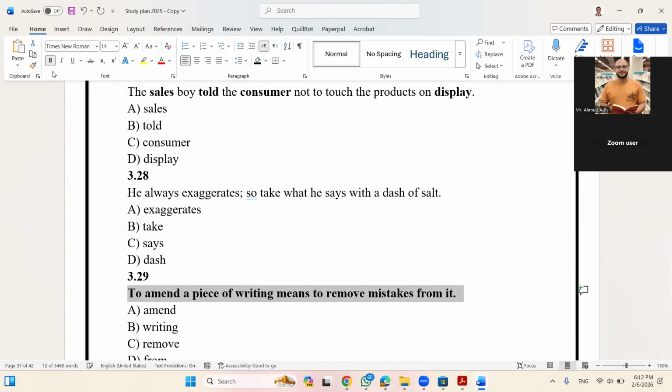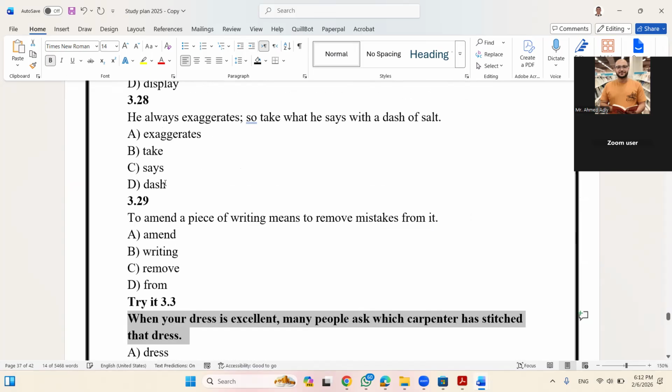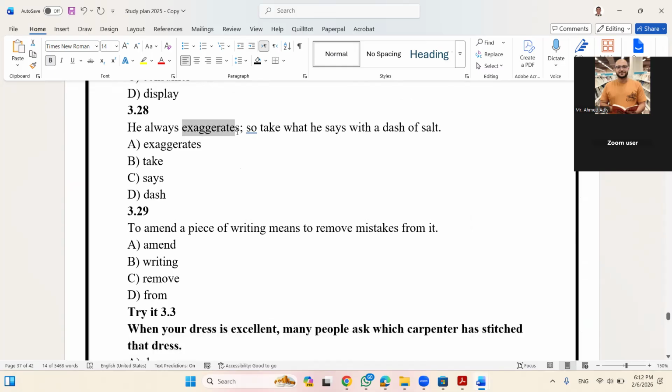Next, he always exaggerates, so take what he says with a dash of salt. Which one is wrong here?